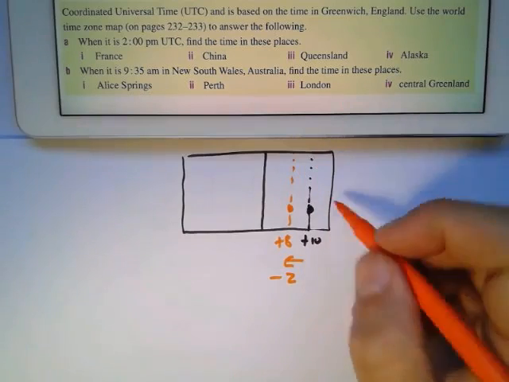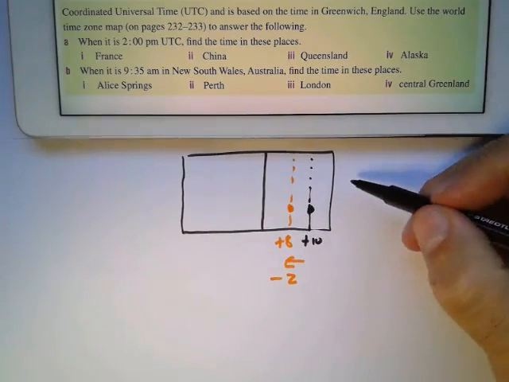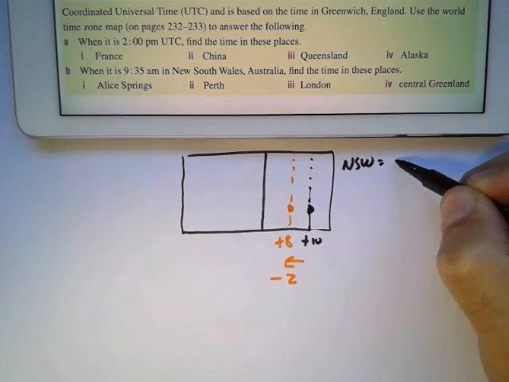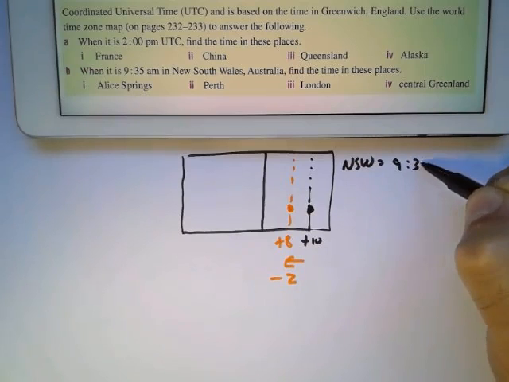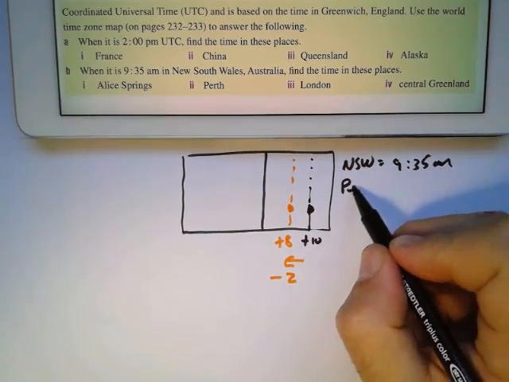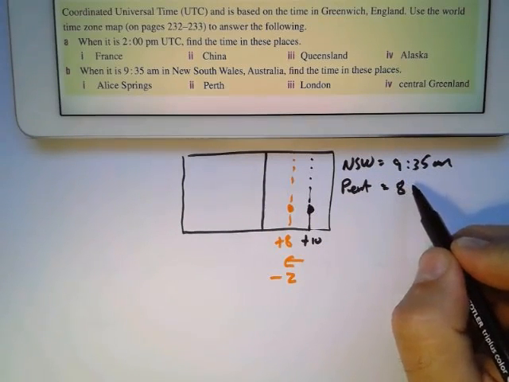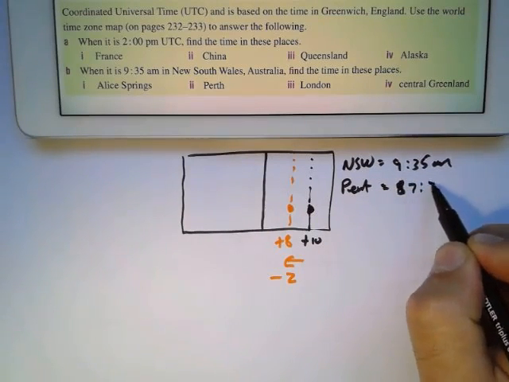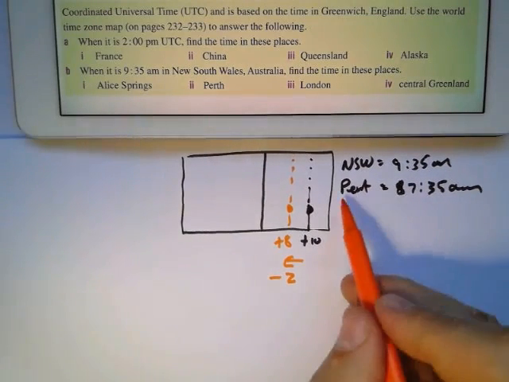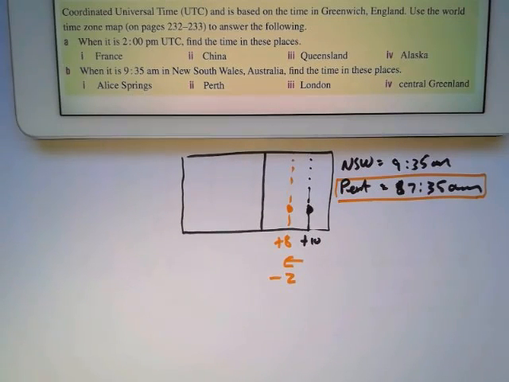So if New South Wales is at 9:35 a.m., then in Perth it will be 2 hours earlier, so that will be -2, which is 7:35 a.m. Perth will be 7:35 a.m.